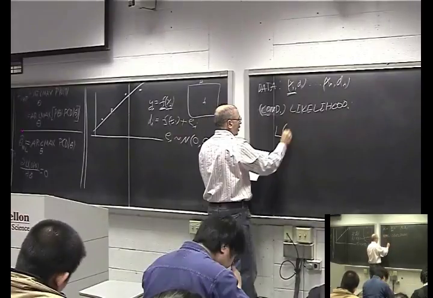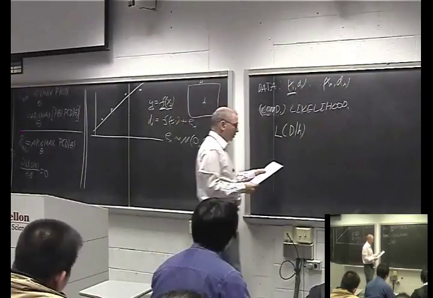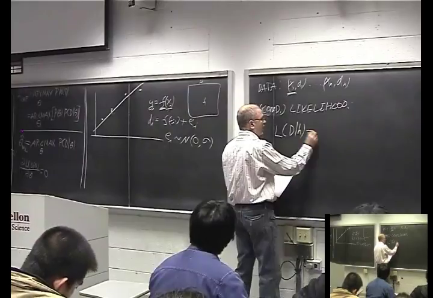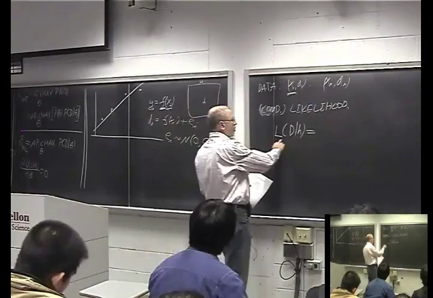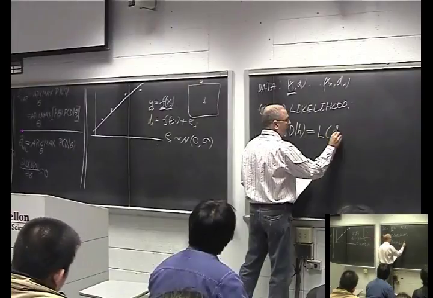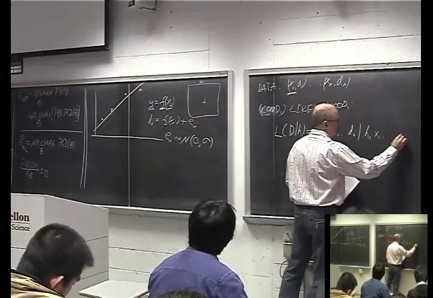That would be L of D given our hypothesis H. And the first thing to notice is that the different data points are generated independently of each other. Let me just write that explicitly. This is L of D1 through Dn, given the hypothesis H and the x1 through xn.